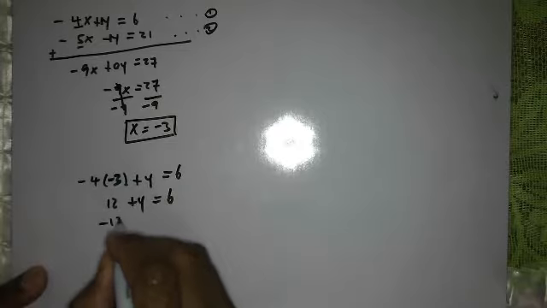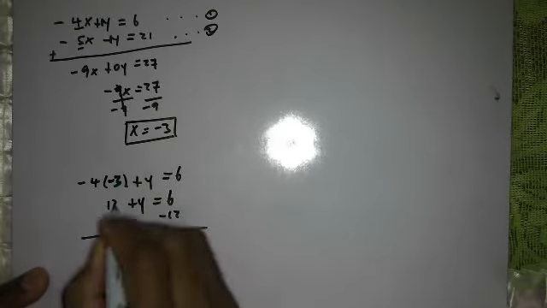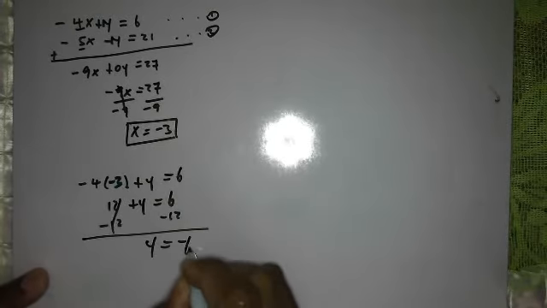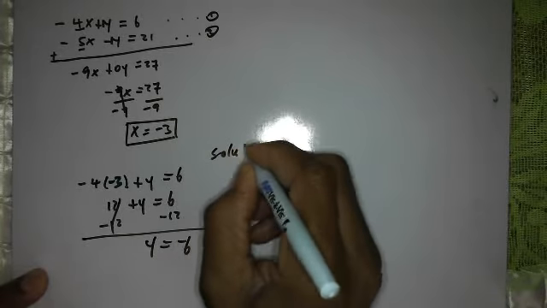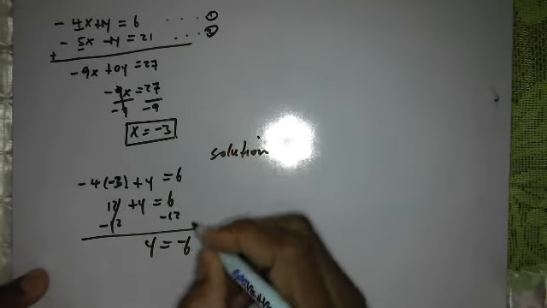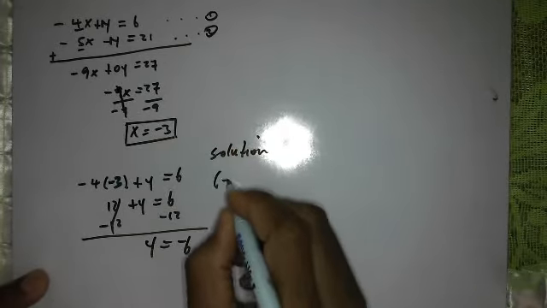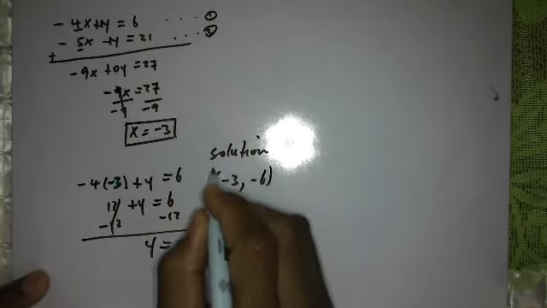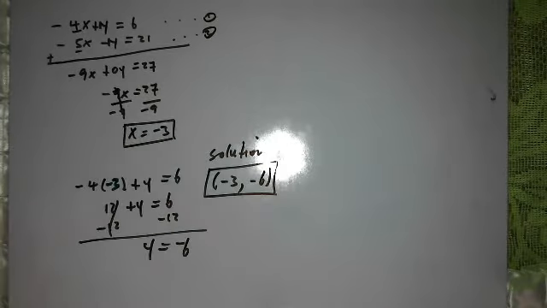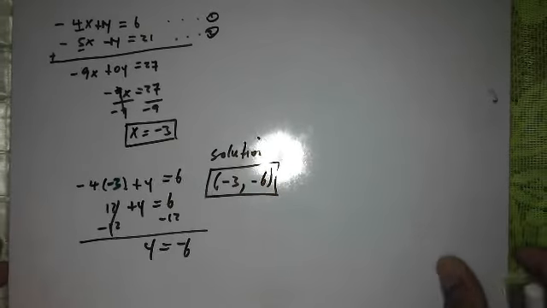Then we subtract 12 from both sides, so y equals negative 6. So your solution as an ordered pair would be negative 3 for the x and negative 6 for the y. This is your solution here.